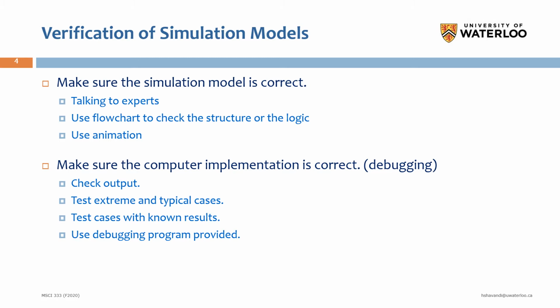Usually for testing any program, we need to consider some extreme and rare situations to see how the system behaves in those extreme cases, or the cases with known results. So we know what the result of this case should be, and we expect to have the same result from the simulation program. By doing these steps, we can verify the simulation model.